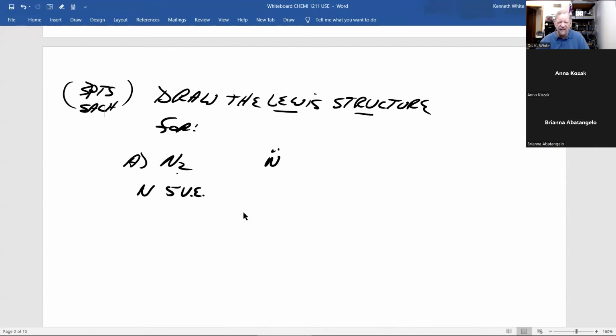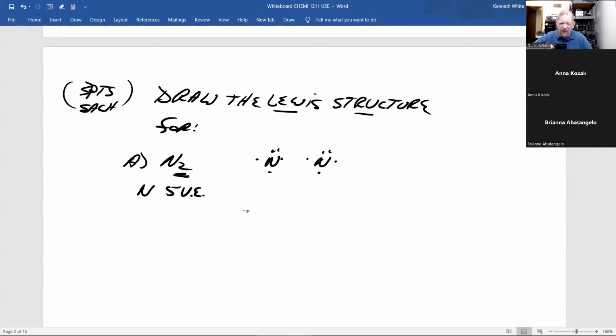Now, if I take my nitrogens, and I've got 2 of them, and notice each nitrogen has 3 single valence electrons. Remember, when you're doing Lewis structures of elements, and listen carefully, this is for only elements, you put 1 dot on each side before doubling up.